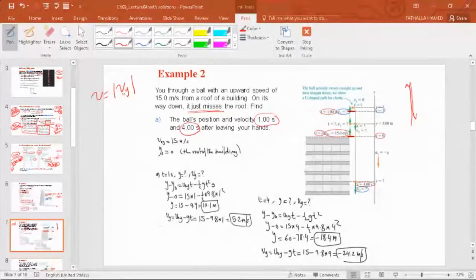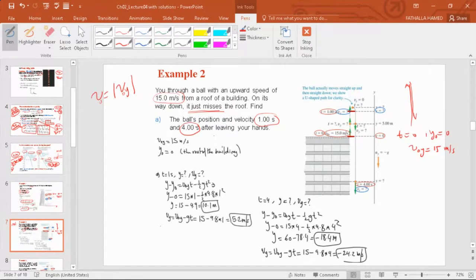So my initial speed equals the absolute value of the initial velocity along the y direction, and it's given here as 15 meters per second. So if I look at my situation here, at t equal to 0, y0 is equal to 0. I can choose that, and my v0y will equal 15 meters per second because you're throwing up the ball. So basically, it's a positive value.